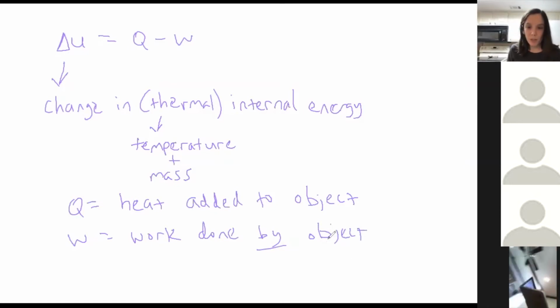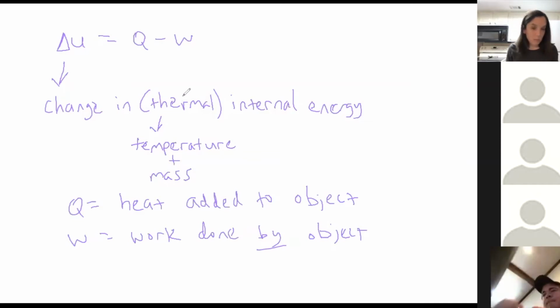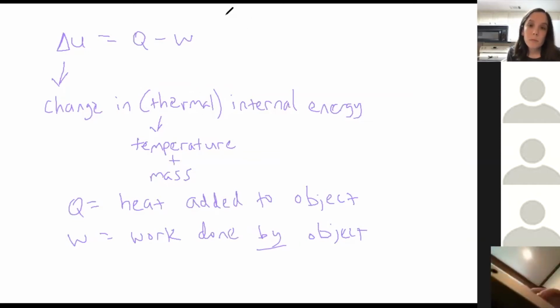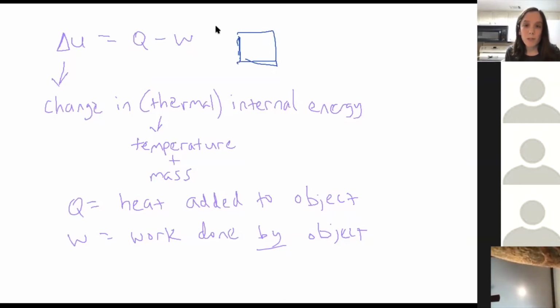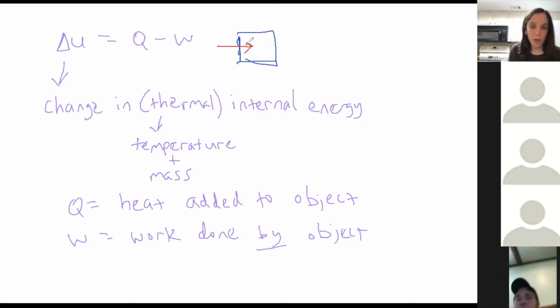It's important to make the distinction that it's the work done by the object, not work done on the object. So for example, if you were to push a box, you're doing work on the box by pushing it.